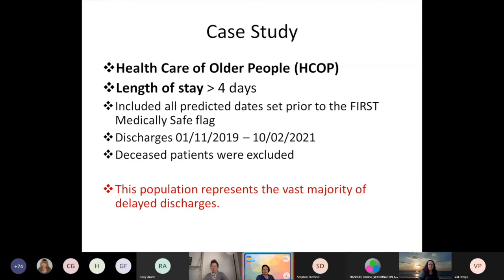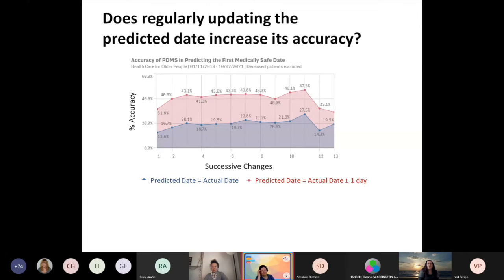And over this period, I'm going to skip that because I'm running out of time and I've not actually shown you any data yet. So the first question is, does regular updating increase the accuracy of our prediction? We've got accurate prediction in blue, so exact prediction: the predicted date is the actual date. And the predicted date is more or less the actual date, plus or minus 1 day.